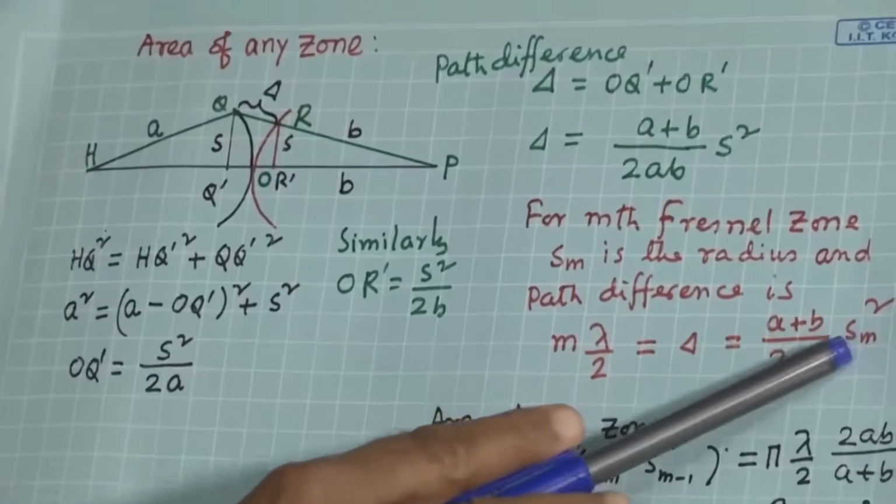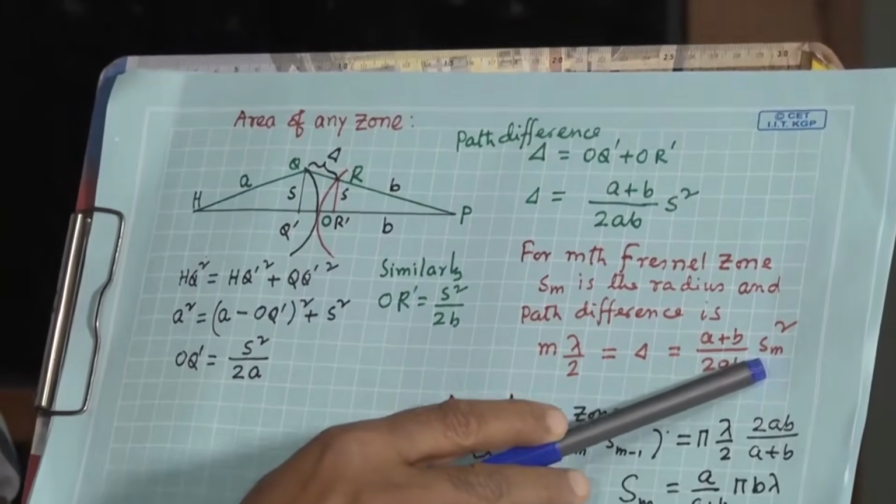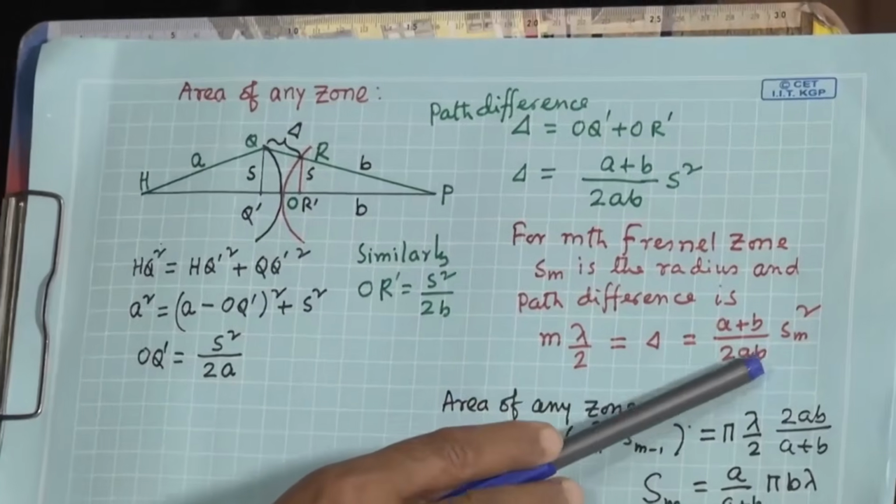This is the radius of the circle of different orders.